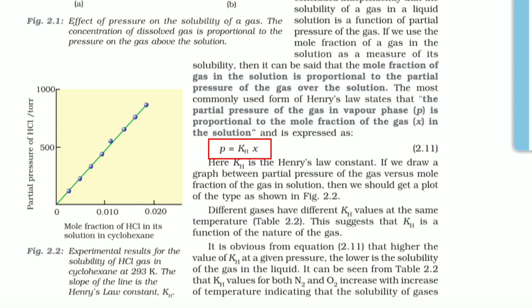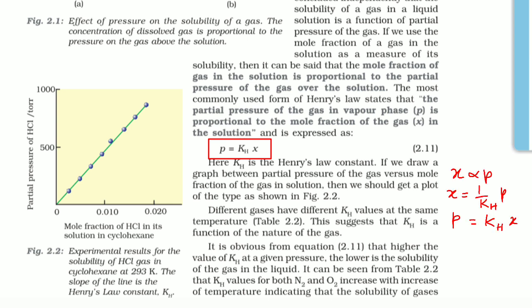This can be derived by using Henry's law. Here x is the mole fraction of the gas particles which will be present inside that solution. That mole fraction is directly proportional to the partial pressure of that gas, which is small p.